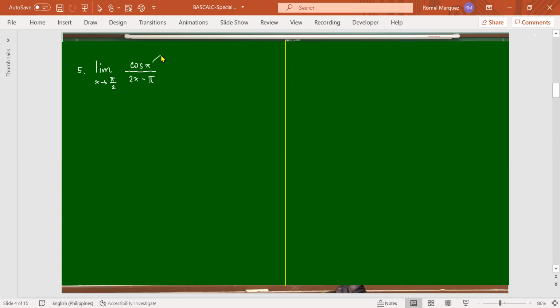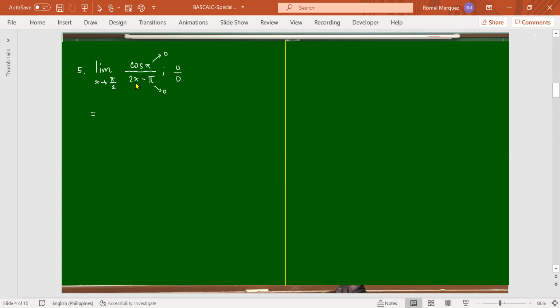Oh, what's the limit of the numerator? Huh? Guys? 0 po. Limit of the denominator. So indeterminate, no? Yes, po. So, but is there a way for us? Kasi wala tayong mapafactor sa cosine at sa denominator na parehas na may x minus pi over 2.